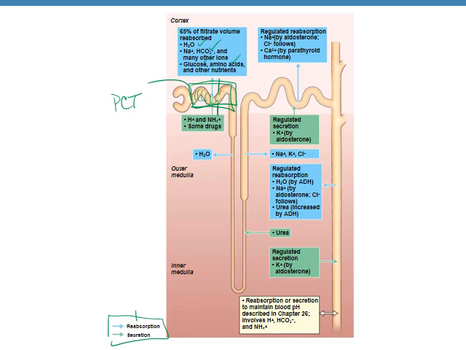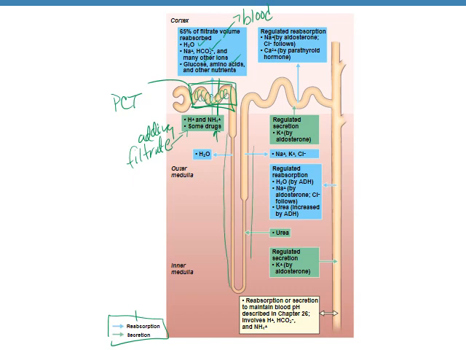Remember, the peritubular capillaries are wrapped around. So we're putting this back into our blood. We're reabsorbing. But what are we putting in the tube system as waste? What are we adding to the filtrate? So secretion is adding to the filtrate. Maybe some extra hydrogen ions we don't need, maybe some metabolites from drugs that we've broken down.